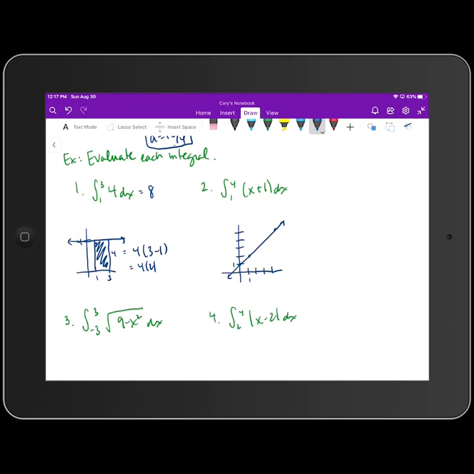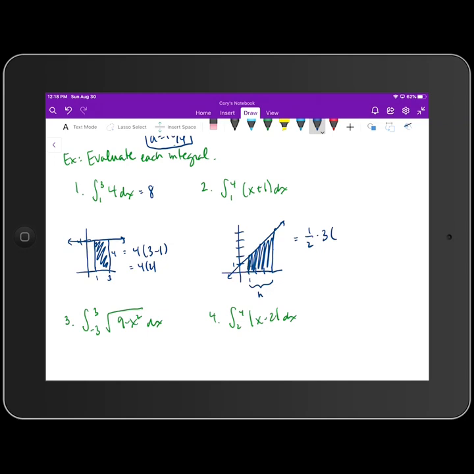If we want to calculate the area enclosed by that curve and the x-axis from 1 to 4, our resulting area is going to look like this shape right here, which is a trapezoid. Okay, so the area formula for a trapezoid is 1/2 the height. So the height is going to be this segment right here, which is the length of our interval, which is going to be 4 minus 1, which is 3.